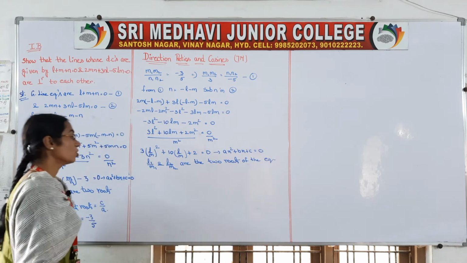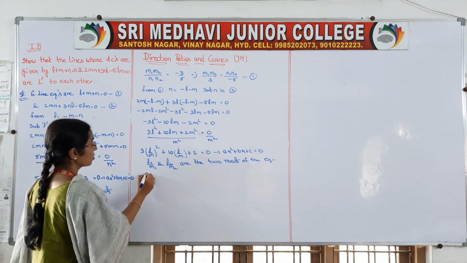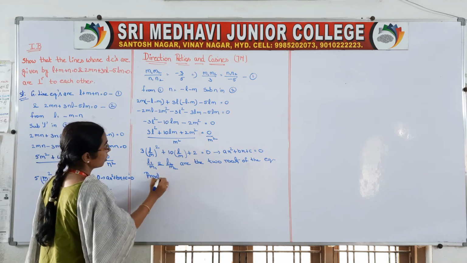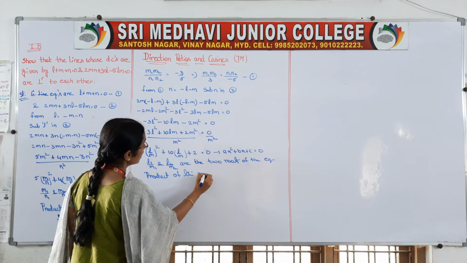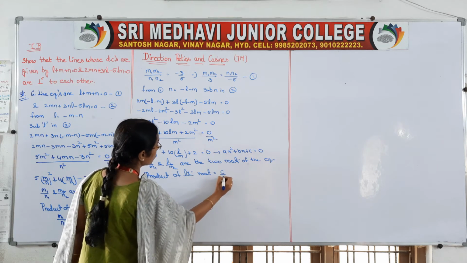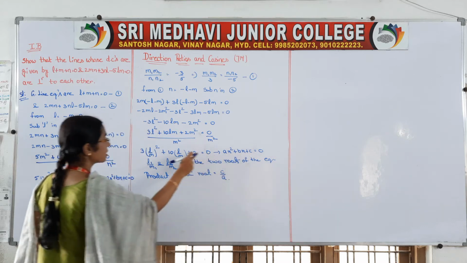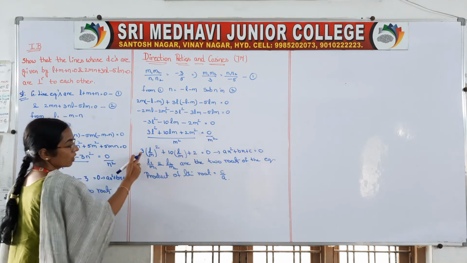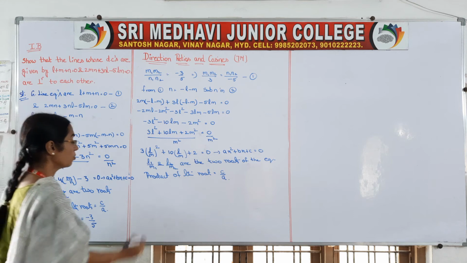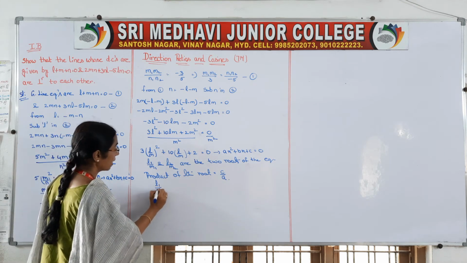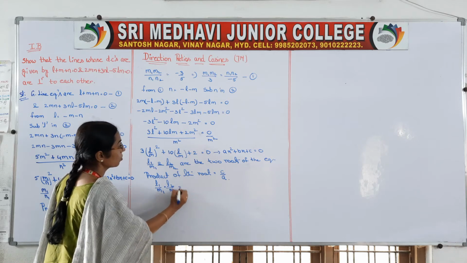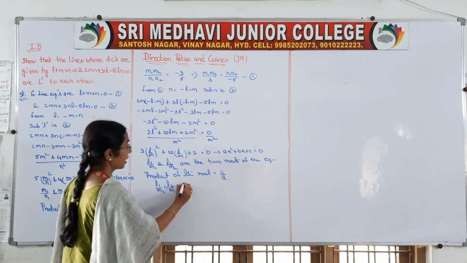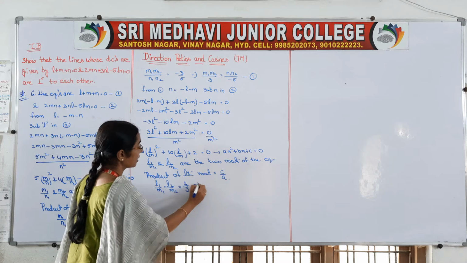Now, the product of the roots formula. We have already taken the product of the roots, isn't it? It is equal to c by a. So compare this. What is your c? 2. What is your a? 3. So L1 by M1 into L2 by M2 is equal to c by a, which is 2 by 3.